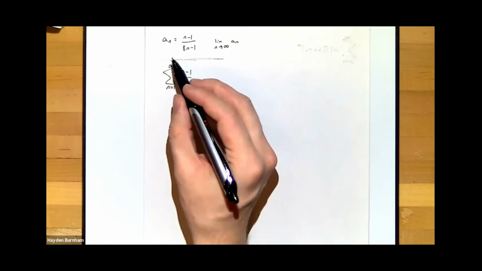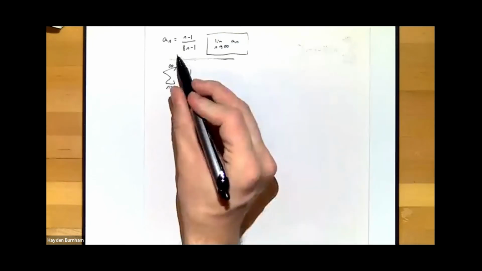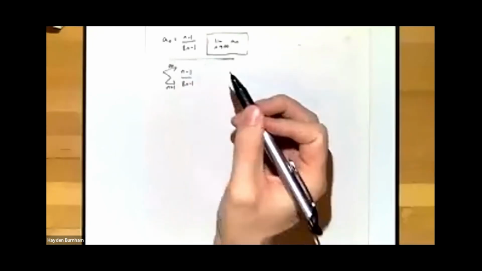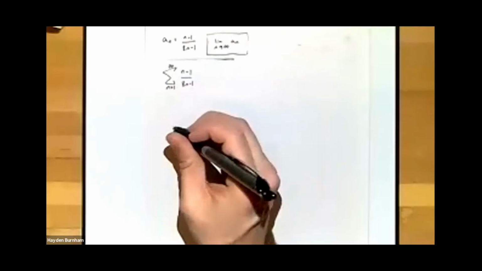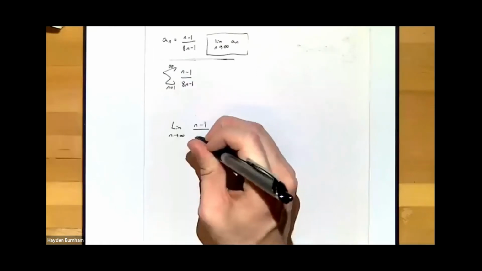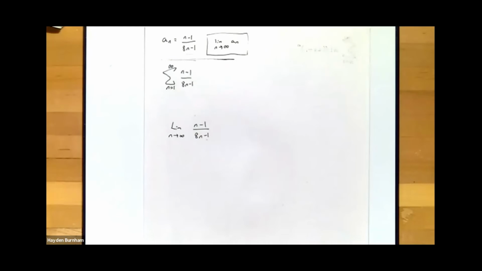Where it gives me this a of n equals n minus 1 over 8n minus 1. And then the limit as n goes to infinity, this is if we're testing the sequence, right? So I'm just taking this as a sequence, not as a series.